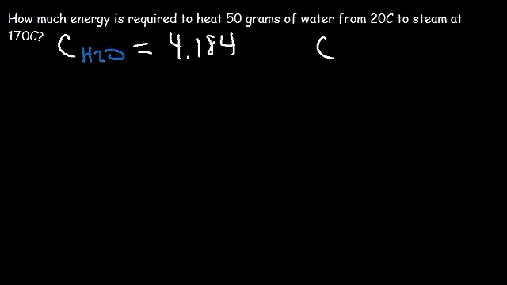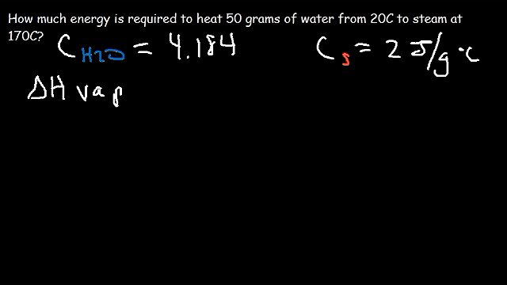The heat capacity of steam, or water in a gaseous state, we're going to say it's about 2 joules per gram per Celsius. The heat of vaporization for water is about 41 kilojoules per mole. So using this information, how can you calculate the amount of energy that's required to heat water from 20 degrees Celsius to steam at 170?